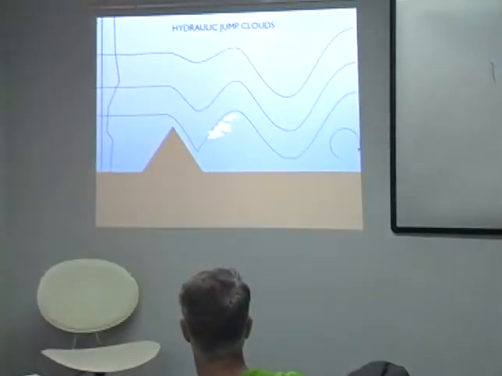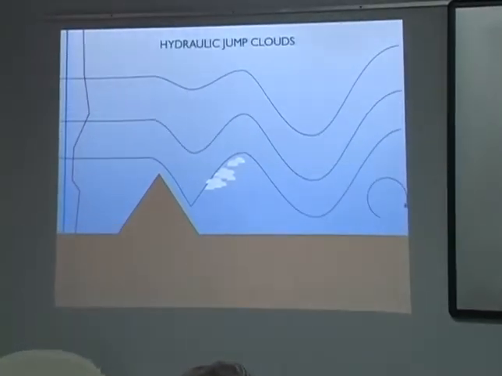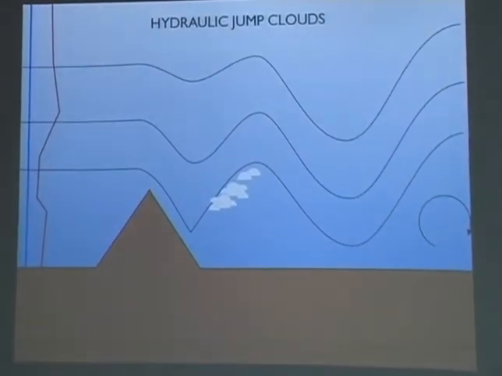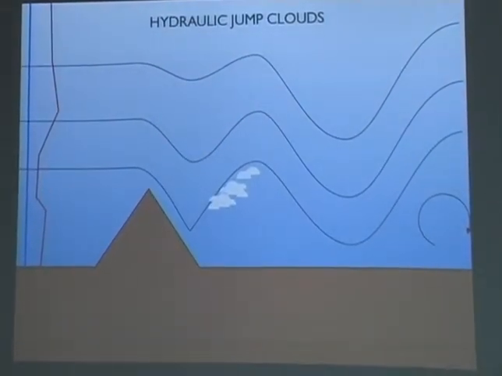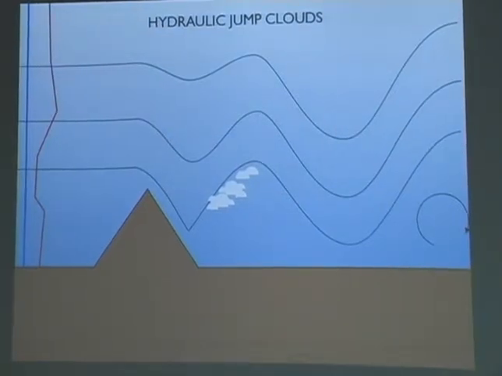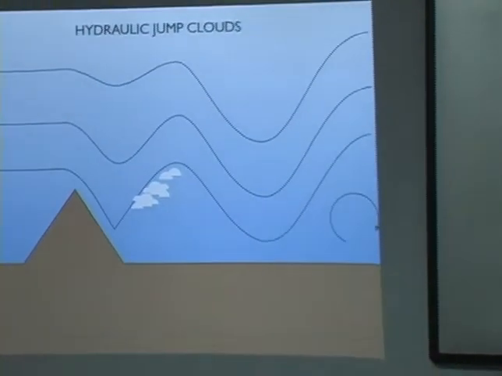Okay, now if we have that hydraulic jump going on, a lot of times if there's some low level moisture, we'll get these really ragged clouds that don't really look like that. They're just wispy, torn apart. It's kind of like trying to draw white water. It's a concept. You can't really get it on paper. So those are just shredded clouds.